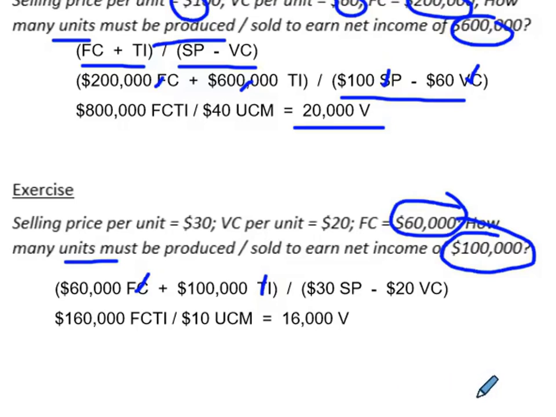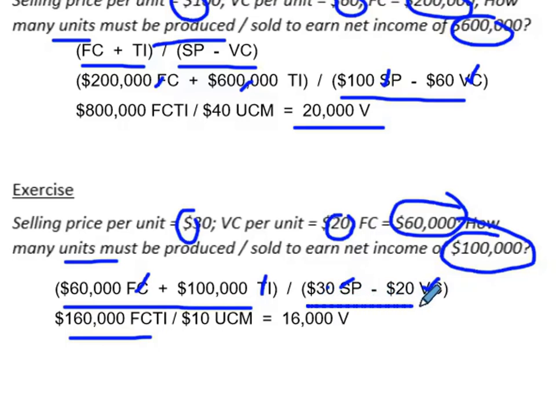We're going to divide that now by our unit contribution margin, which is going to be our selling price per unit minus our variable cost per unit of $20. So when we reduce the calculation, 60,000 plus 100,000 is going to be a total of 160,000 between fixed costs and target net income, and we're going to divide that by our unit contribution margin, which is our unit selling price minus our variable cost, and that's going to be $10.